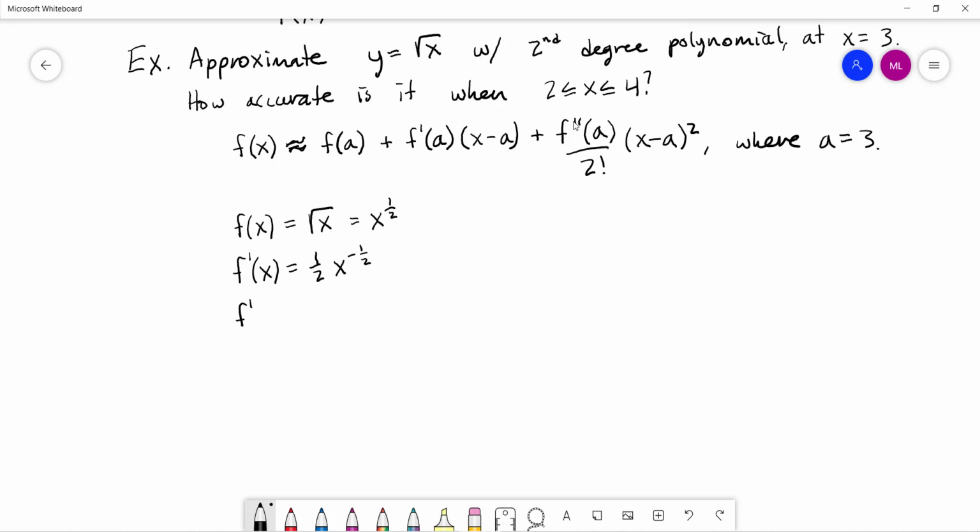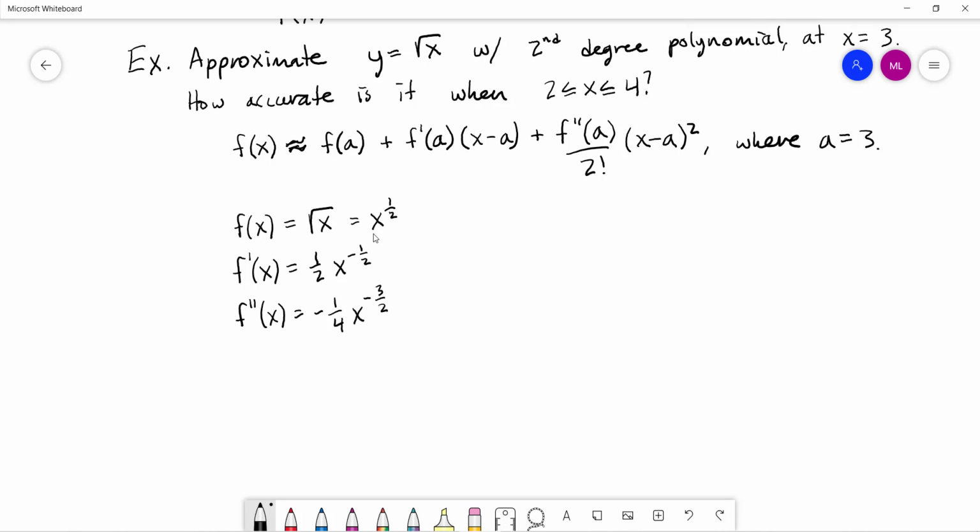And when we do the second derivative, I will get this factor coming down again. So I have the 1/2 times a negative 1/2. It's going to be negative 1/4 x to the negative 3/2. The power goes down yet another power. And so this is what we've got.